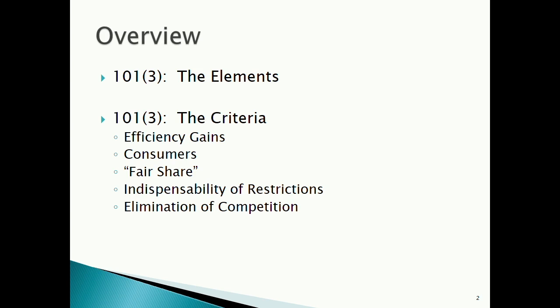So the Commission may be doing something that's actually wrong. And this has significant impact for things such as environmental policy, perhaps potentially employment policy and the like in the EU. Okay, now, what we'll look at first of all is the elements of 101.3 and then 101.3's criteria, and then I'll talk more generally about how things fit in.